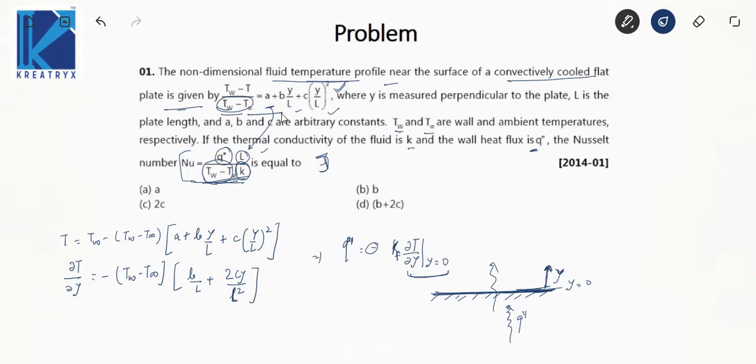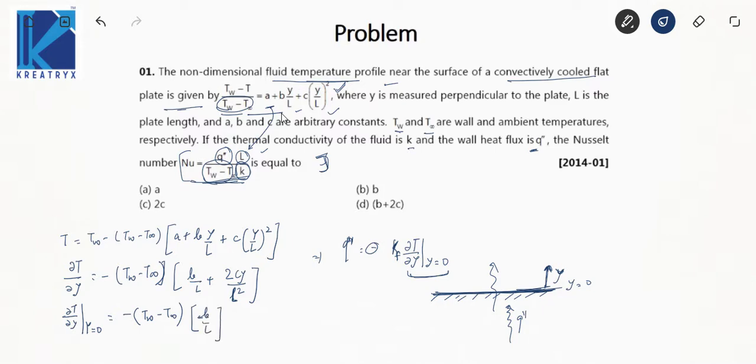And del T by del y at y equal to 0, I put y equal to 0, what I'll get is minus T_w minus T infinity, in bracket B by L.